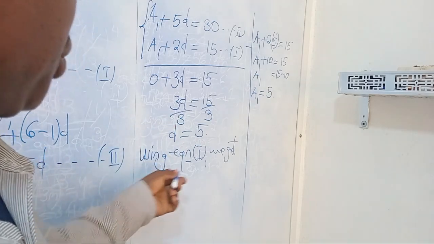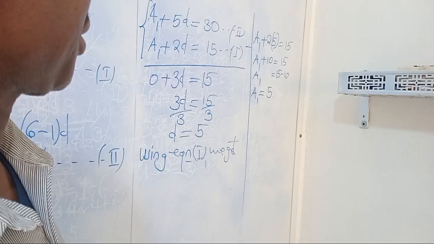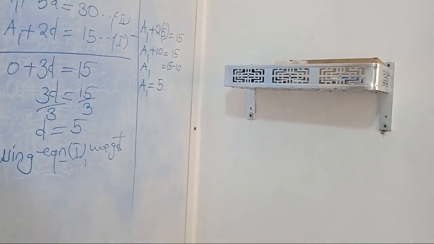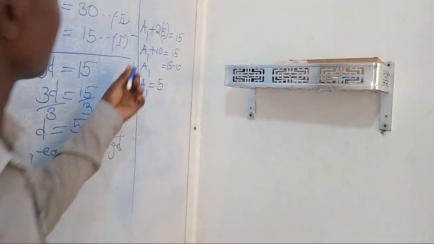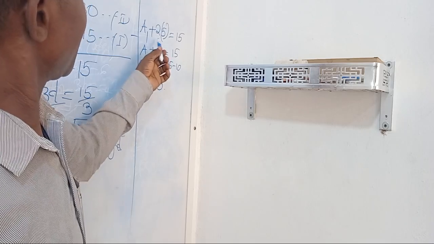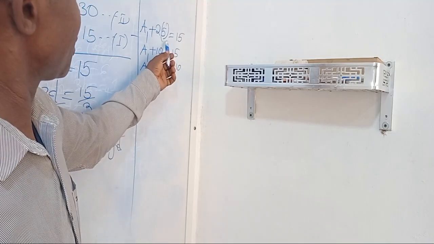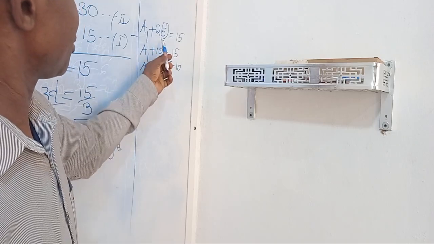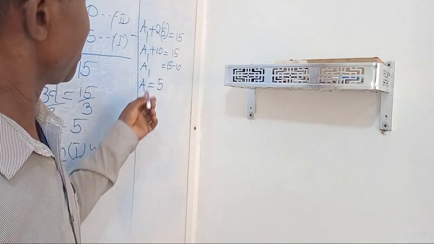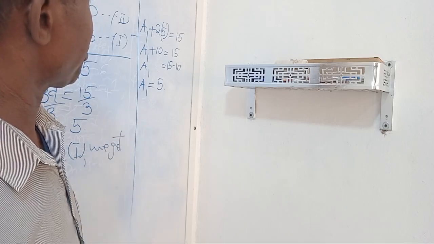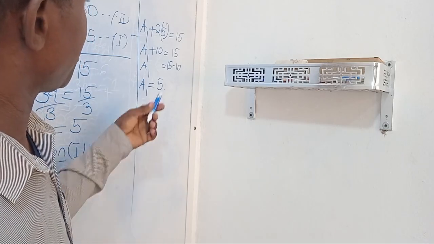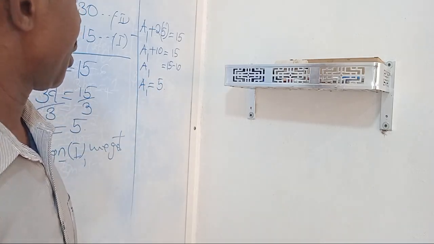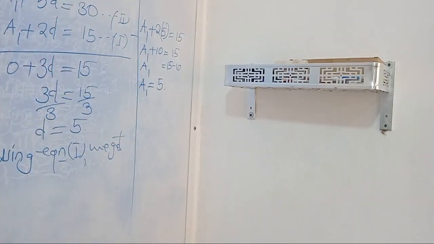My choice was equation number 1, because it is the simplest equation. Substituting, we get A1 plus 2 times 5 equals 15. That is A1 plus 10 equals 15. Taking the 10 to the other side, since it is positive on the left-hand side, when it goes, it becomes negative. So A1 is equal to 15 minus 10. Our A1 equals 5.